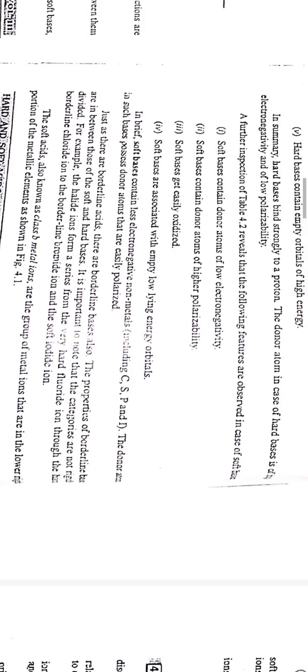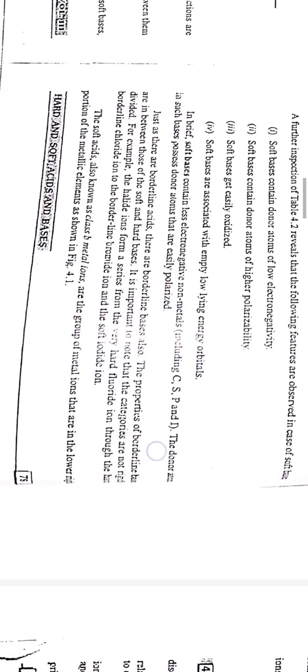Soft bases contain donor atoms of high polarizability. Soft bases get easily oxidized. Soft bases are associated with empty low-lying energy orbitals. In brief, soft bases contain less electronegative nonmetals including C, S, P and I. The donor atom in such bases possesses high polarizability, so it is easily polarized.